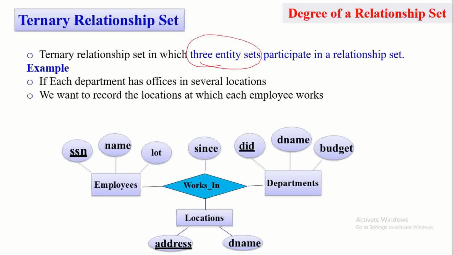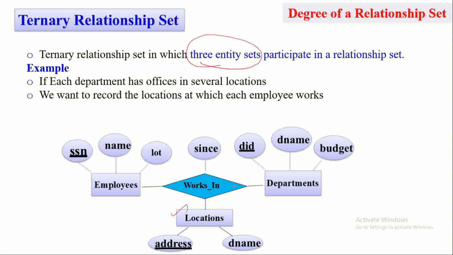Here in this example, you can assume that each department has offices in several locations. So to add the location information, if the department has offices in different locations, then we can add the locations entity set to record the location at which each employee works.